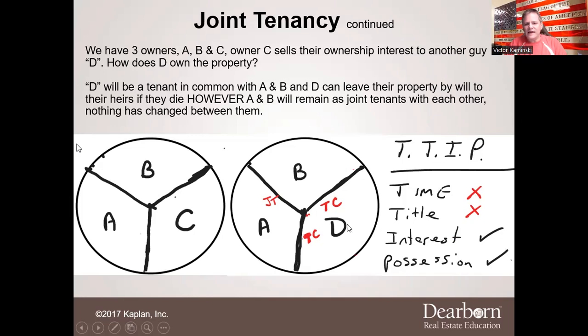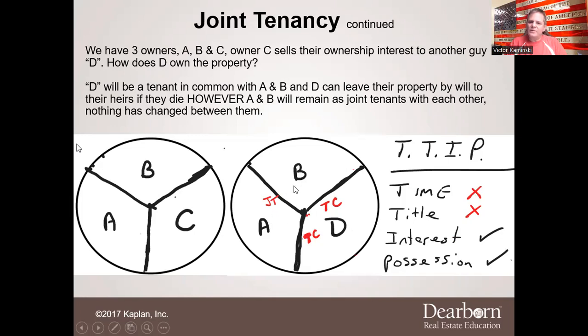The owner D now, the new owner, does not have the unity of time, title, interest, and possession. They have the unities of interest and possession, but not time and title. He didn't get the ownership at the same time as owners A and B, or by the same deed as A and B. So owner D will be a tenant in common and not a joint tenant.